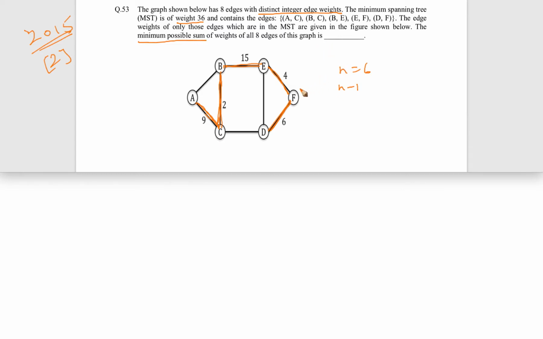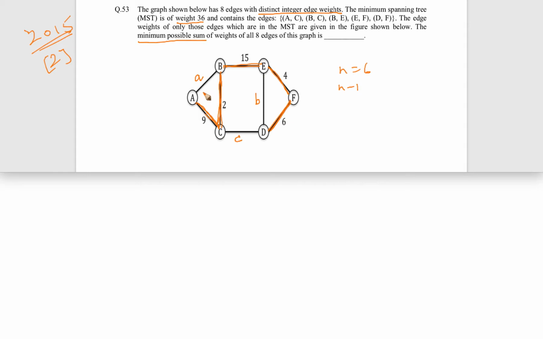So basically 8 edges are there, and 5 are already here. We have to find the edge weights of these 3 edges. So let's name them A, B, C.